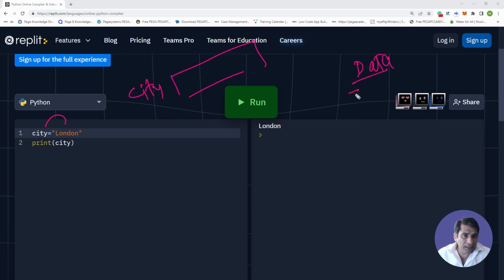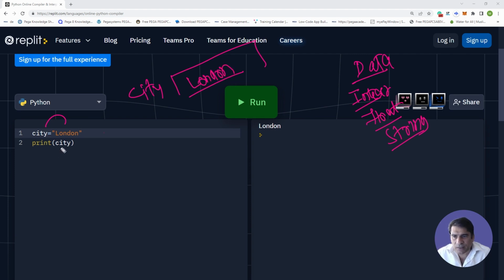The data must be integer data or float data or string data. These are the 3 types which we have discussed. So it should be the data, and to make the data, you have to close that thing in speech marks. So now it will become the data and it will store London there.